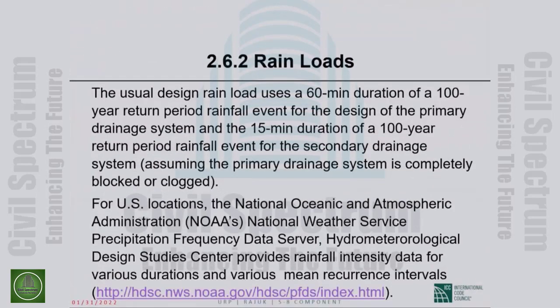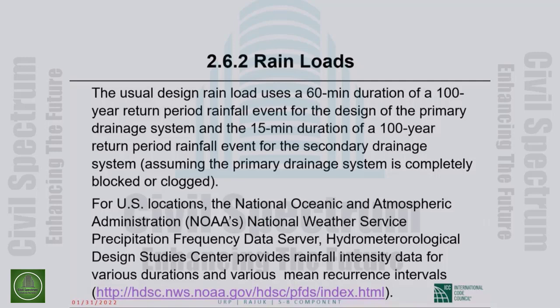So the usual design rain load uses 60-minute duration of a 100-year return period rainfall event for the design of primary drainage system, 15-minute duration of a 100-year return period rainfall event for secondary drainage system. And those numbers can be found from a website that is maintained by the National Weather Service, the National Oceanic and Atmospheric Administration, NOAA.